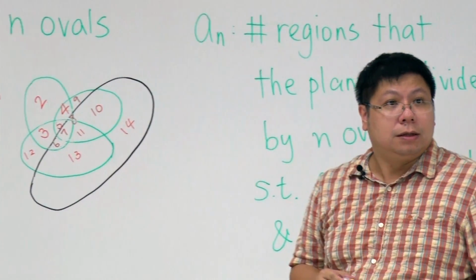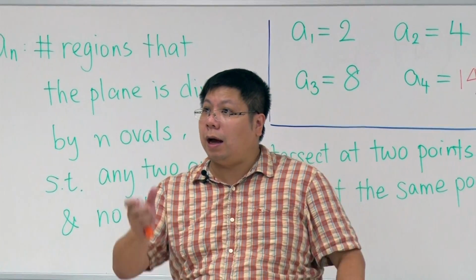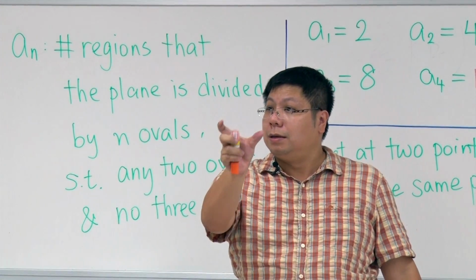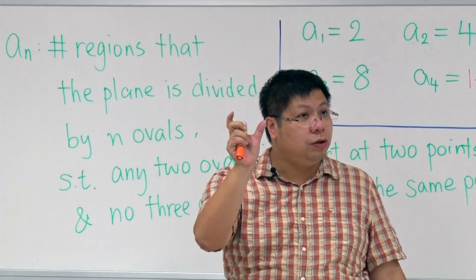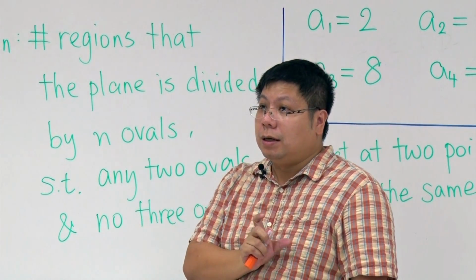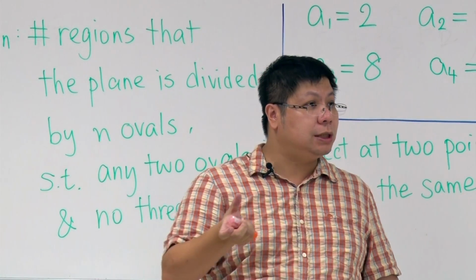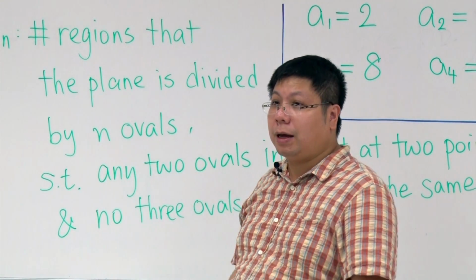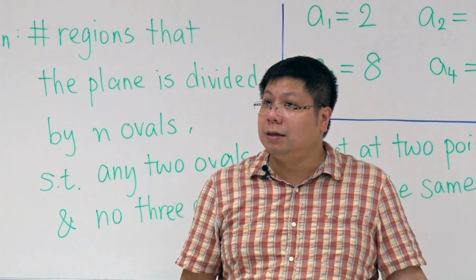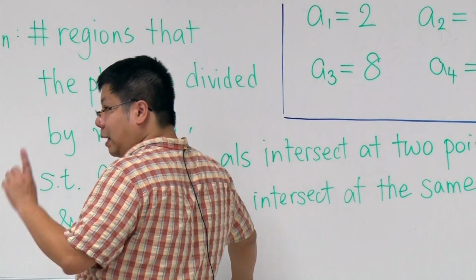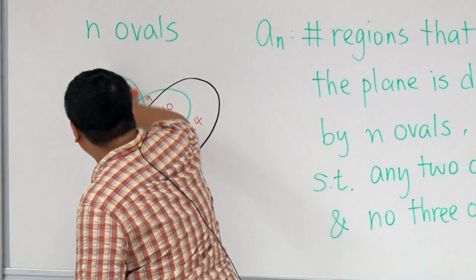So if we know how many segments there are, then we know how many regions will be added. If I have one segment, I'm adding one region. If I have two segments, I'm adding two regions. If I have k segments, I'm adding k regions. Is that okay?